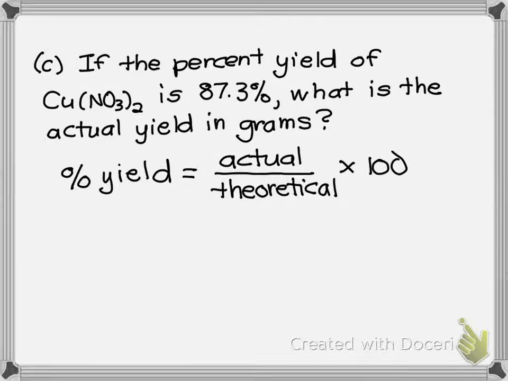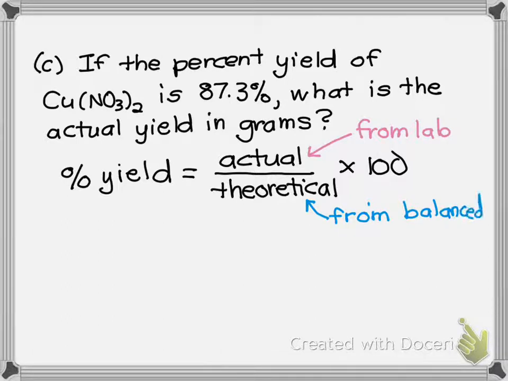So first, just looking at the definitions, the actual yield, this is what you get, this is produced in the lab. The theoretical yield down here, this is what we've been calculating. This is from the balanced equation. This is calculated.